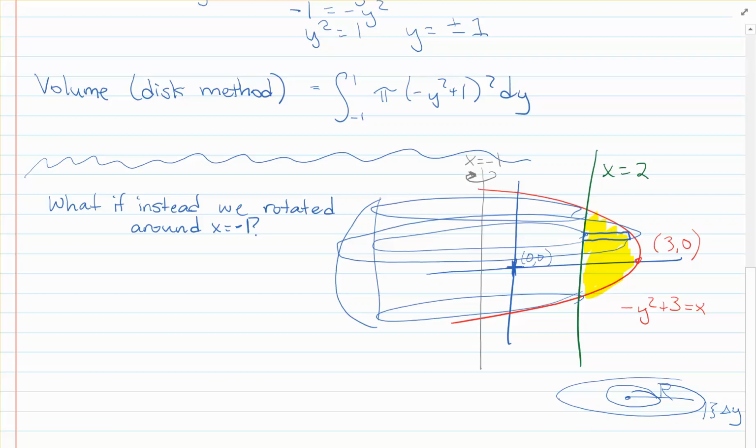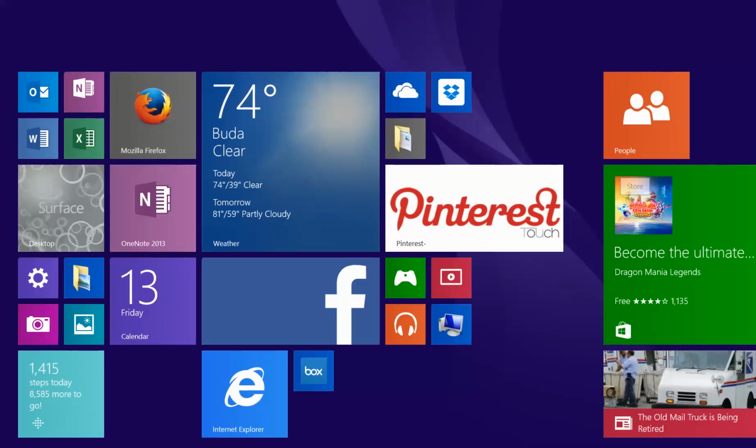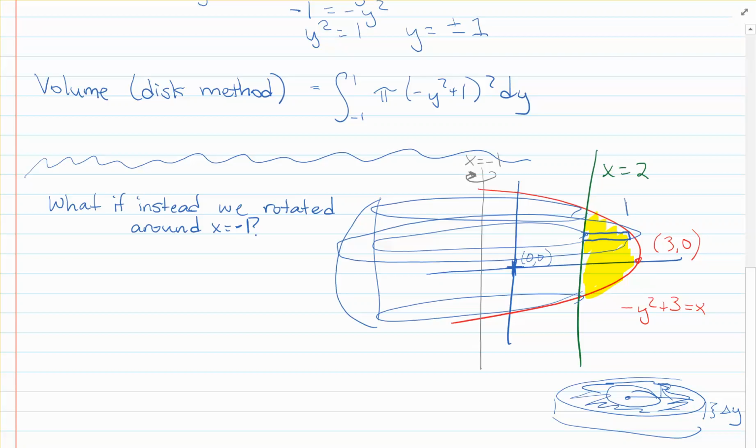So how do you find the area of a washer shape? Well, you take the area of the outer circle minus the area of the inner circle, and then to do the volume, just multiply by your delta y. So here in this picture, I'm going to need to find my outer radius, and that is the radius from here all the way back to my axis of rotation, not to the y-axis, but my outer radius is going to be here.